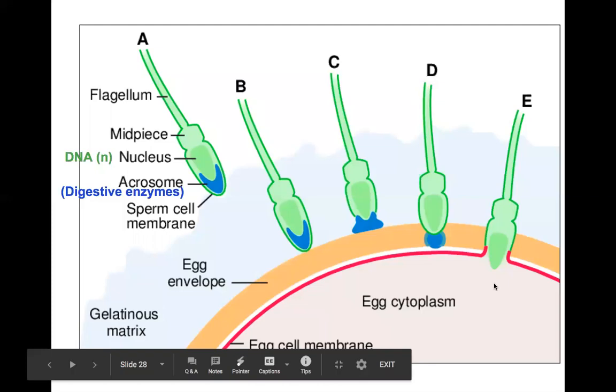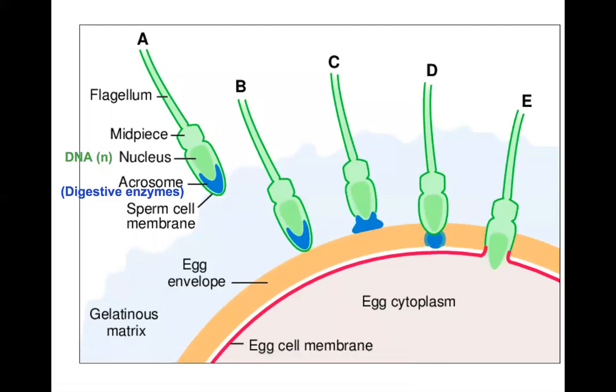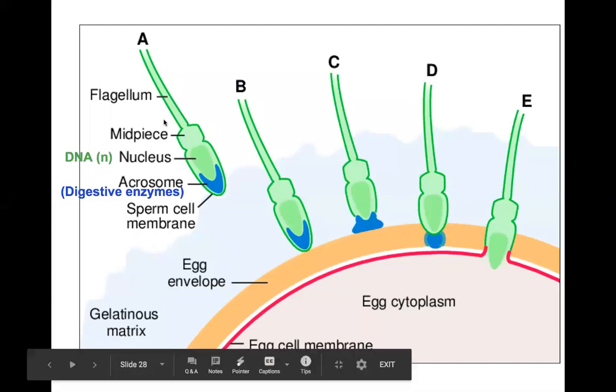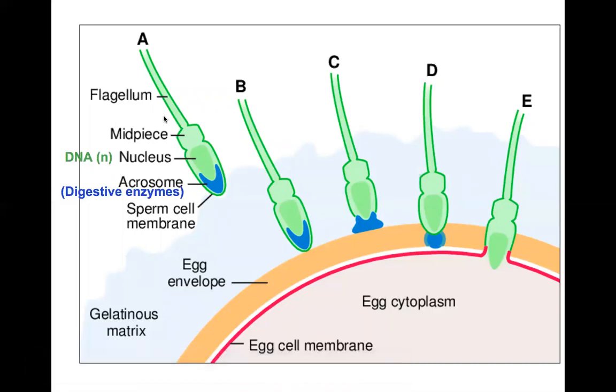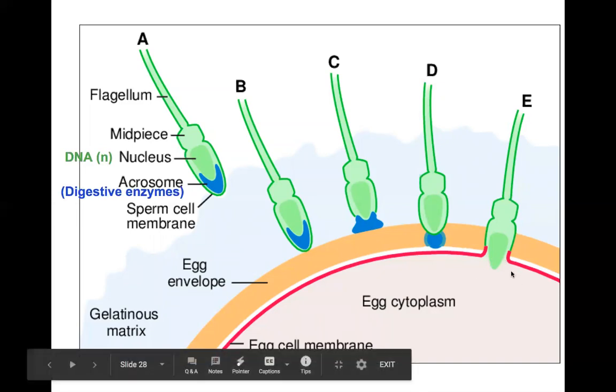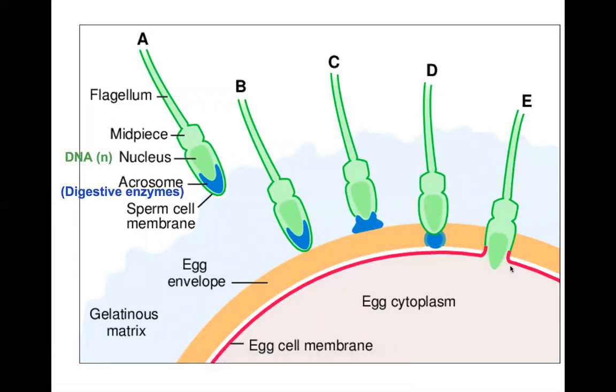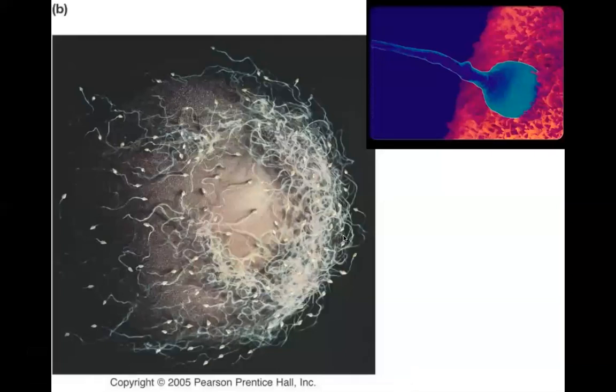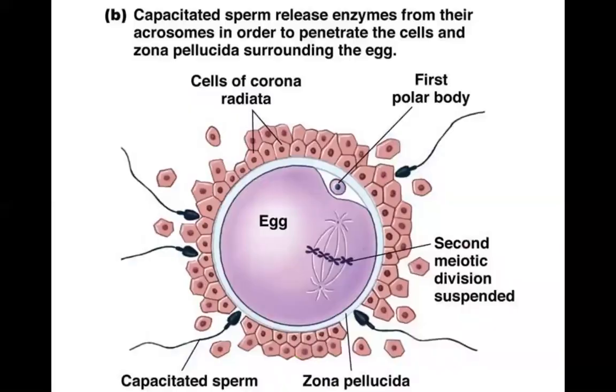This allows it to penetrate and combine with the 23 chromosomes sitting inside the egg cell awaiting fertilization. The midpiece and the flagellum do not enter the egg cell. They stay outside, and the moment that diagram E occurs, the egg will immediately make a chemical change such that none of the other sperm cells competing for entry would be allowed to enter the egg cell.